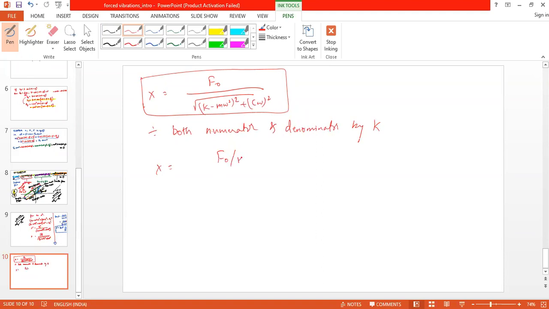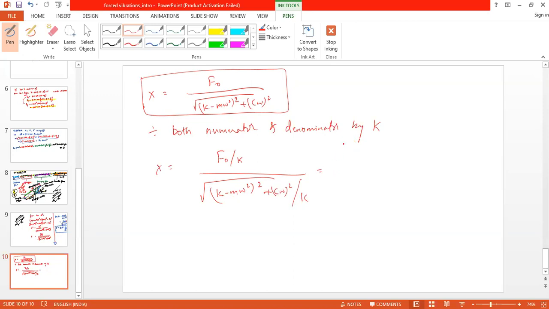So x is equal to f naught by k divided by root of k minus m omega square whole square plus c omega square, that whole divided by k.